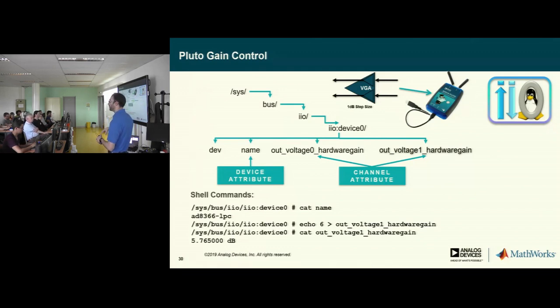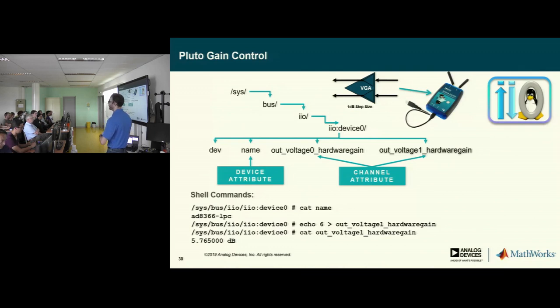From the perspective of the driver itself, if you want to access the IIO driver, you can do that by going to sys/bus/iio and then the device on the physical board. So you have to be physically on the device or SSH'd into the device that hardware is connected to. And we can do things like look at the name of the device as well as echo and cat into the file descriptors that are part of the sysfs for the driver itself.